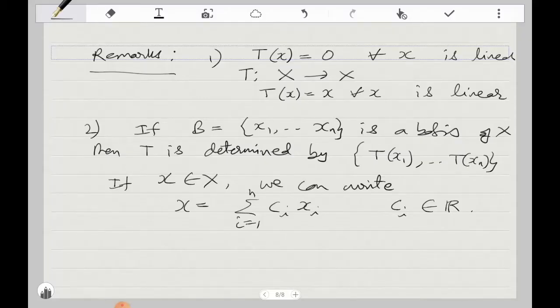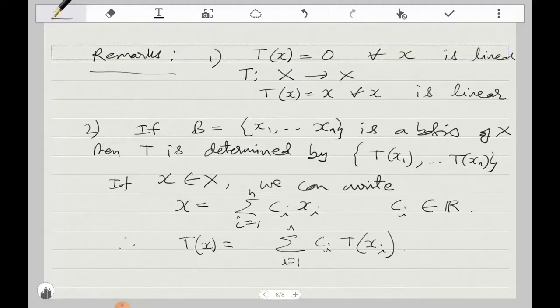Once I write it like this, T of x by linearity is the sum of ci T of xi. So if we know what T of x1, etc. is, then I know what T of x is. I just have to use the same coefficients ci.